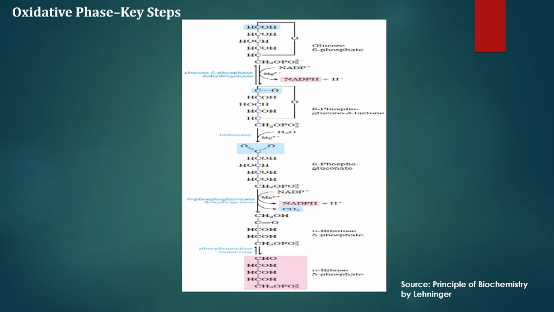These are the enzymes involved in the formation of the 6-phosphogluconolactone molecule. This produces 6-phosphogluconate, and then from 6-phosphogluconate there is a formation of ribulose 5-phosphate, and ribulose 5-phosphate undergoes isomerization, where it produces ribose 5-phosphate.